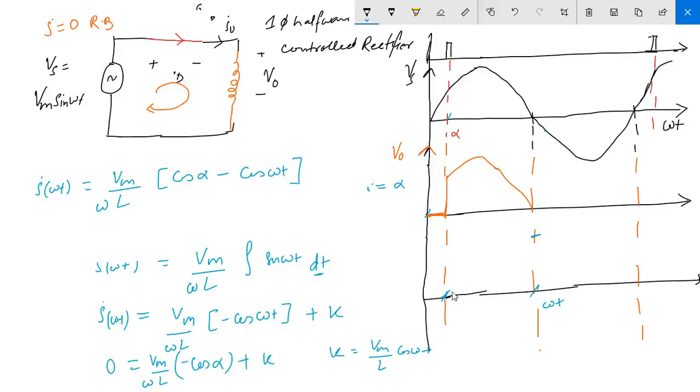The current increases here, reaches the peak value at omega t, and then it decreases, but because it is symmetrical, it will decrease before 2 pi plus minus alpha.